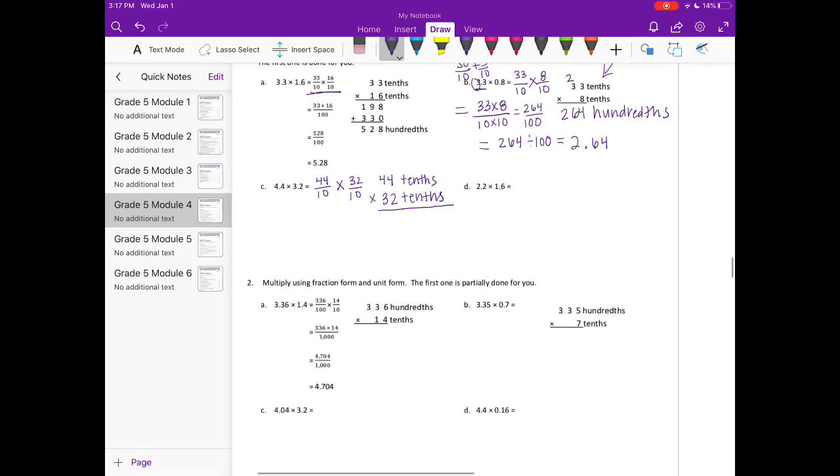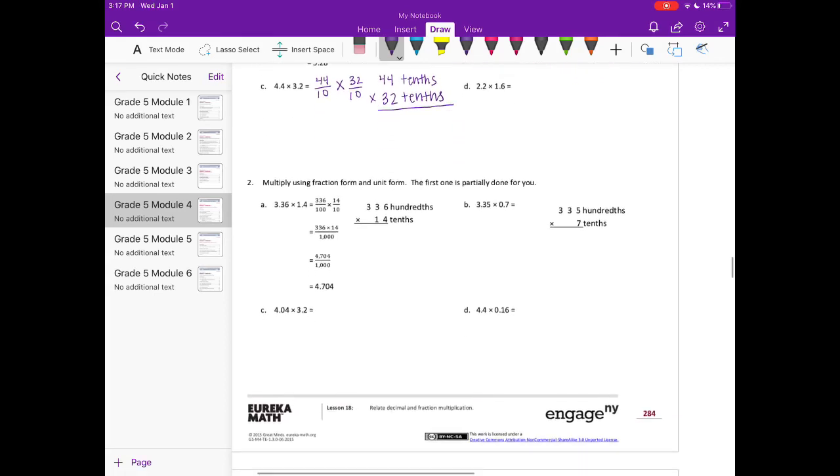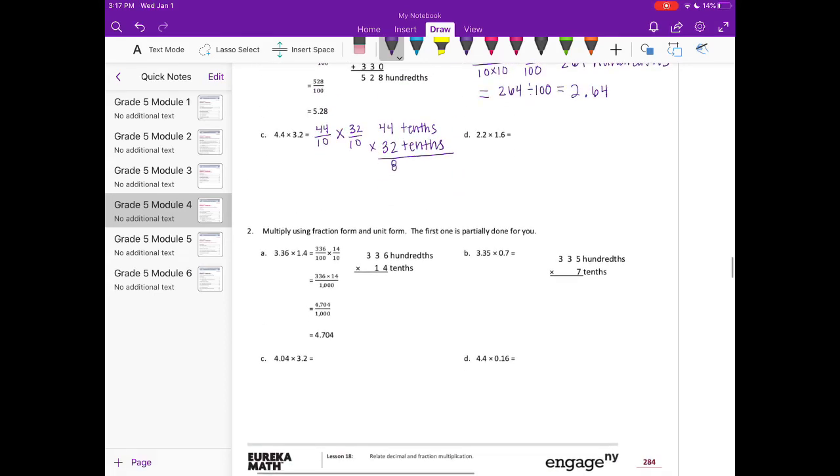So if I'm going to go ahead and multiply that out, 2 times 4 is 8. Put our 0 down. We're done with the 2, on to 3. 3 times 4 is 12. Carry the 1. 3 times 4 is 12 plus 1 is 13. I add them together. I get 1,408.